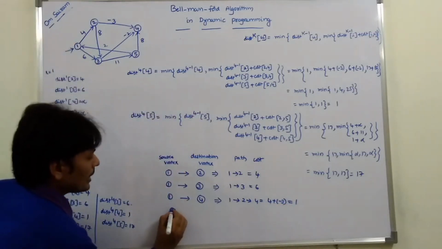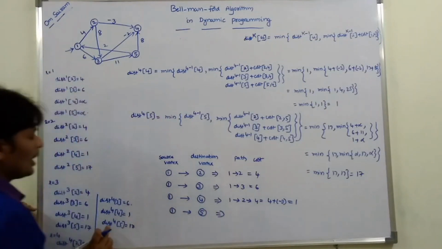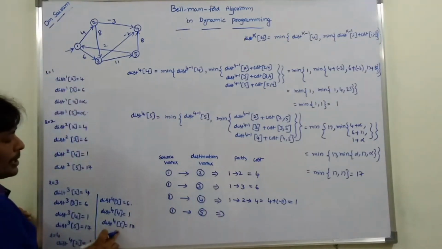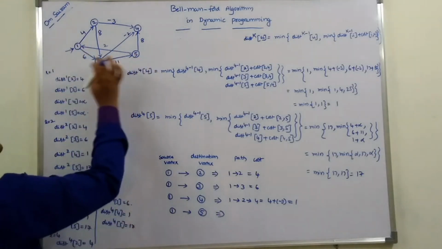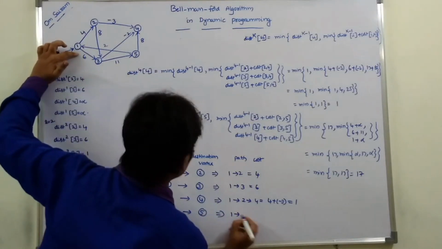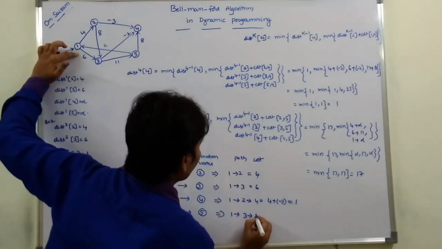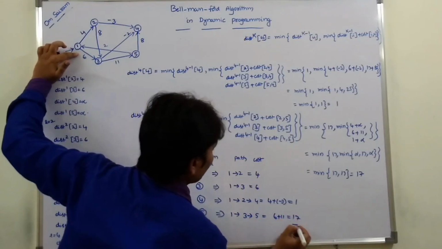Next, source vertex 1 to destination vertex 5, that is 17. So 1 to 3, 3 to 5, that is 6 plus 11, which is equal to 17.